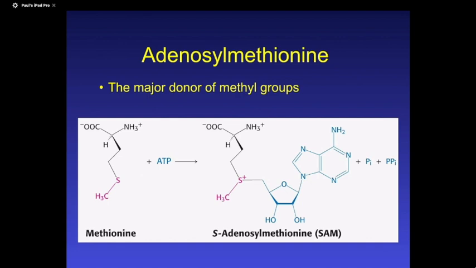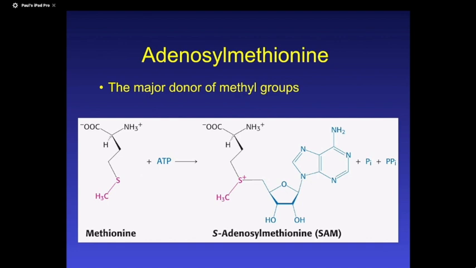All right, here is S-adenosylmethionine, and it is created in its beginning stages by reacting methionine with ATP. Now, if you take a look at the reaction for this, usually when I ask you to talk about ATP synthesis and where I attack the ATP, there's something really strange in this.